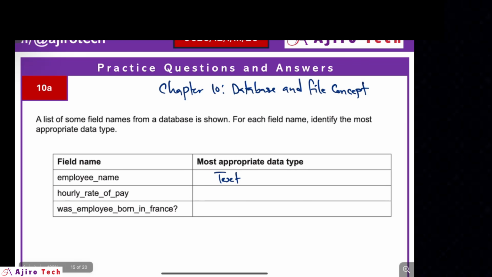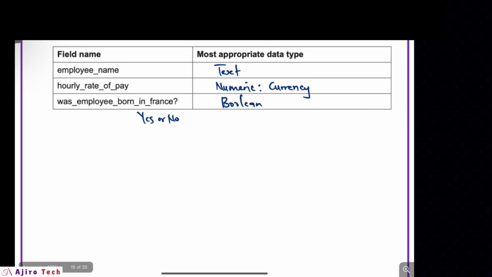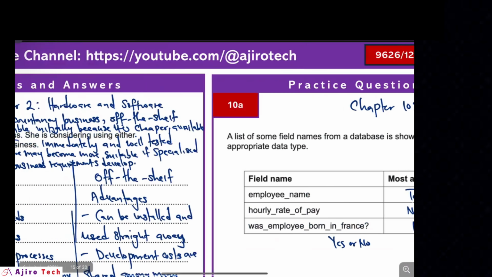Hourly rate of pay. Hourly rate pay is currency. So we have numeric. So you have to put it numeric. What kind of numeric? Currency. Was employee born in France? Yes or no? This is usually a yes or no. So that means what? Boolean. All right. So this is done.